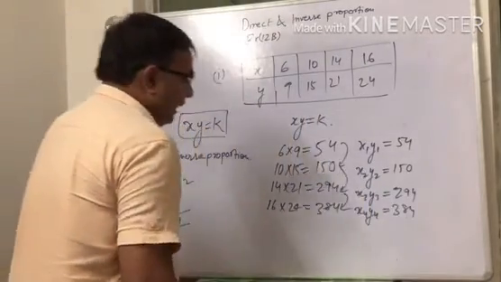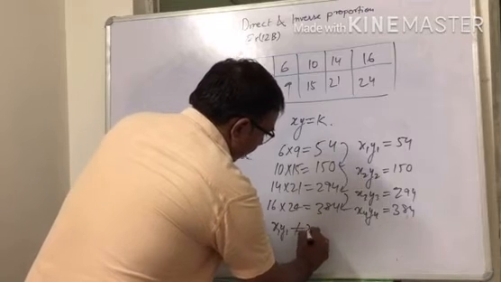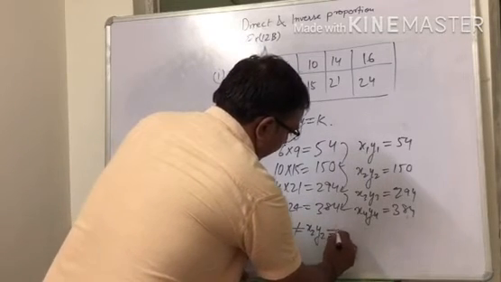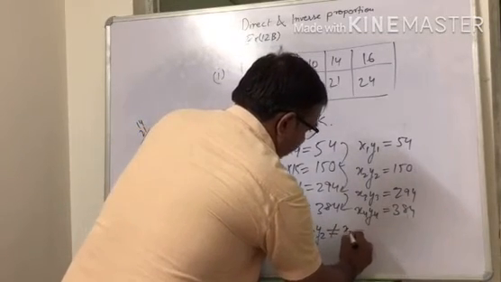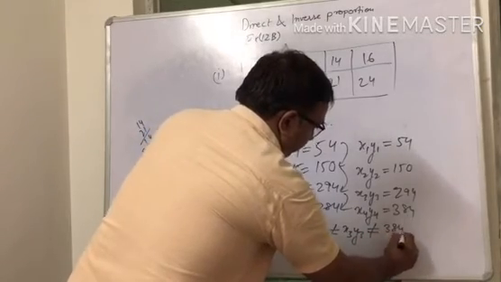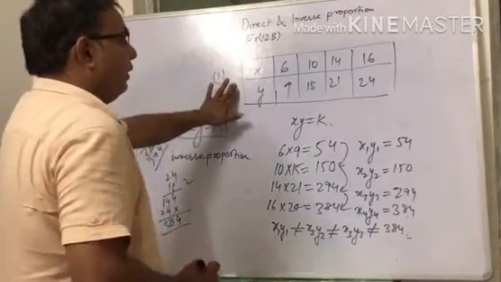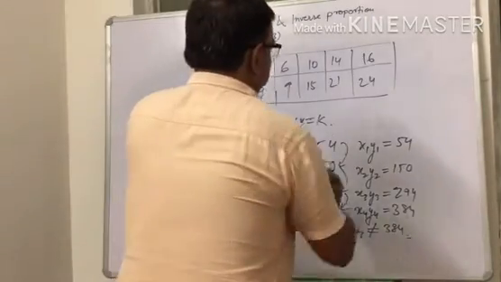And this is clear: x1 y1 is not equal to x2 y2, and this is not equal to x3 y3, and this is not equal to 384. So this table is not inverse proportion.